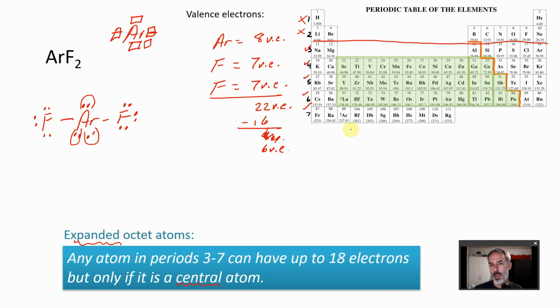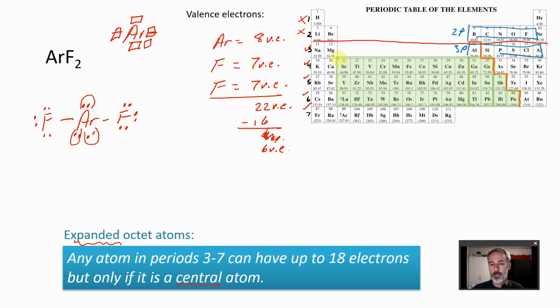The reason why is because what's happening is, you remember that these are the 3p orbitals. These are the 2p orbitals. Well, if you're looking at argon here, argon will fill its 3p orbitals, and that gets it to 8 electrons. And you might wonder, how the heck is it going to add more than that?